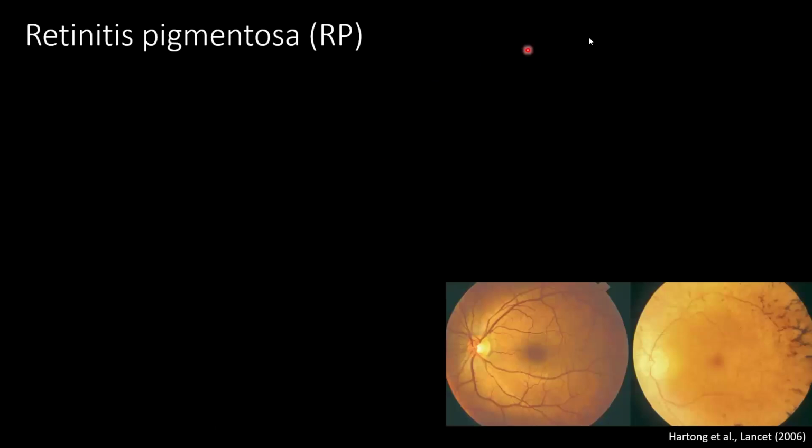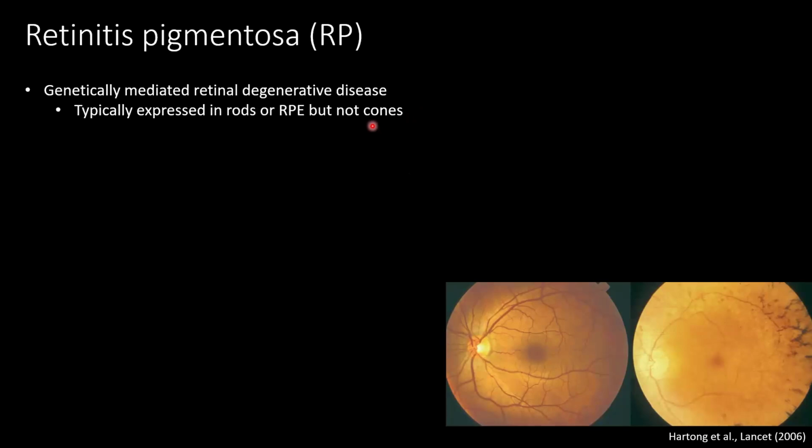So as I said, the main focus here in terms of the disease, for this talk, is on retinitis pigmentosa, although some of this would be applicable to other conditions. The term RP refers to a group of genetically mediated retinal degenerative diseases. The mutations in question are typically expressed in rod photoreceptors, sometimes also in the RPE, but not generally in the cones.